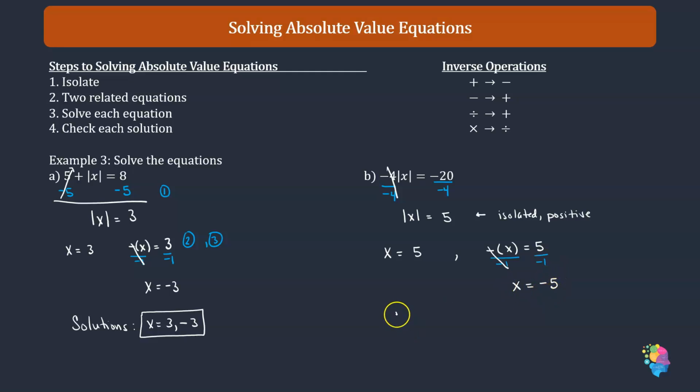So then the solutions, which it will be up to you to check, are x is equal to 5 or -5. Yes, they are the same number, but opposite in sign. Do remember that even though it happened in both 3a and 3b, it's not necessarily always going to be the same number. So just be careful, okay?